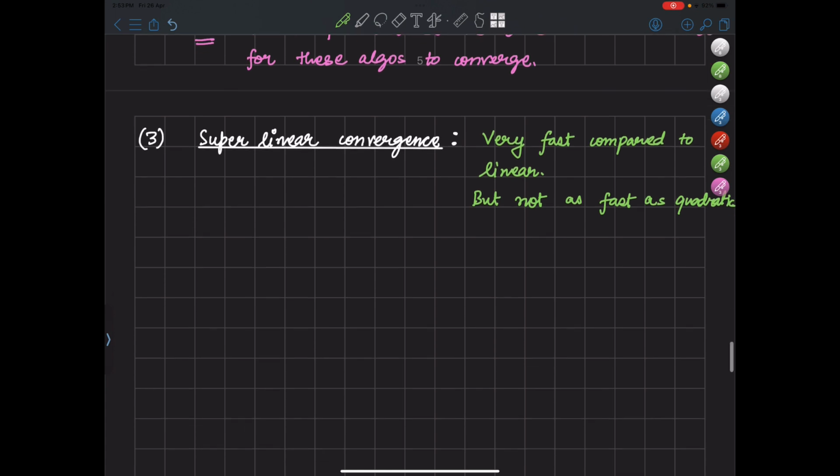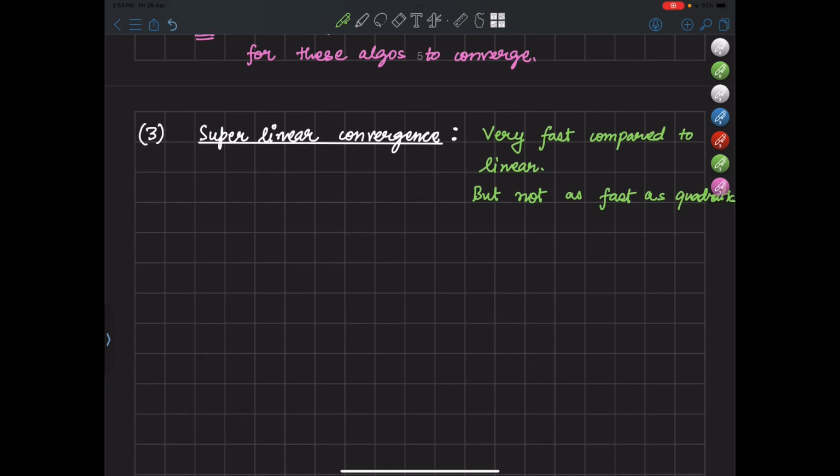Okay. But let's define it formally. Suppose the algorithm generates a convergent sequence xk. So the algorithm generates a sequence of points xk.